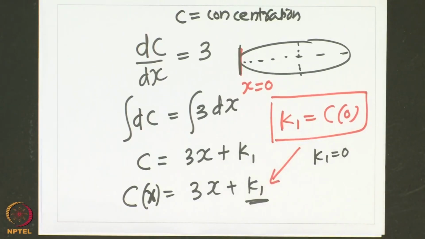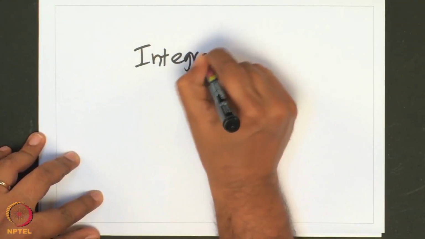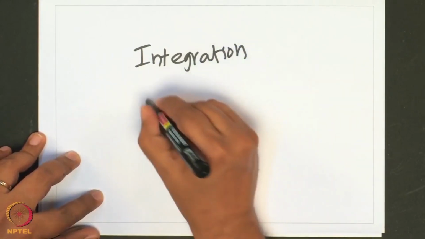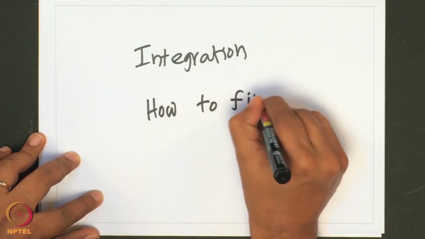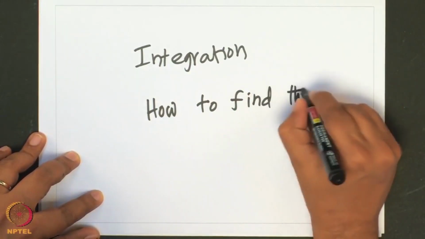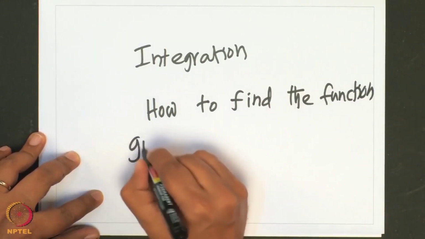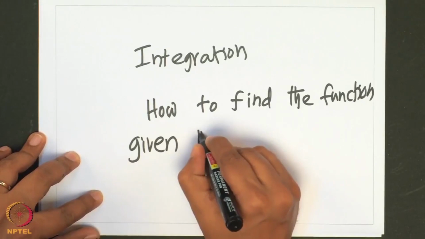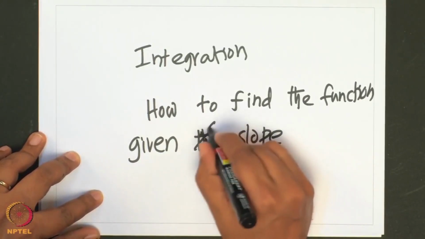To summarize, we learned the basic idea of integration. The first idea of integration is basically how to find the function given a slope.